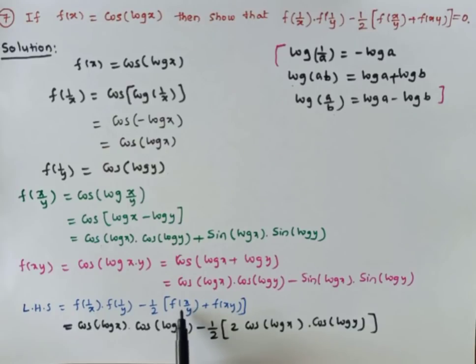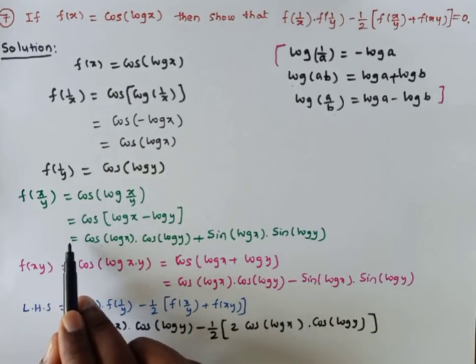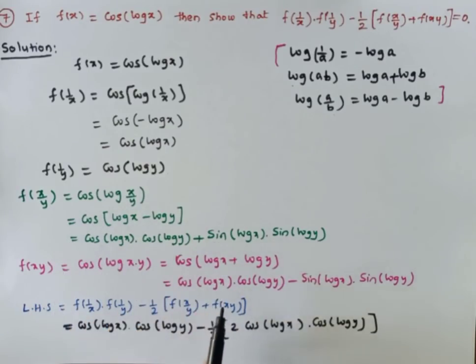Simplify it, so 2 and 2 get cancelled. Now observe cos of log x into cos of log y minus cos of log x into cos of log y. Therefore it is 0. This is our RHS.